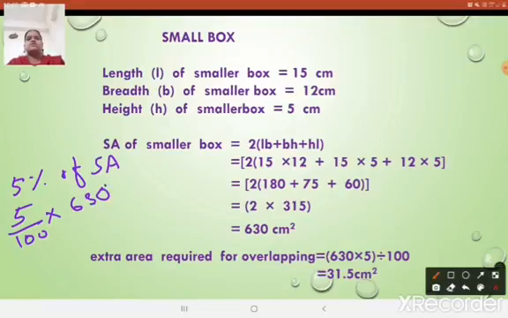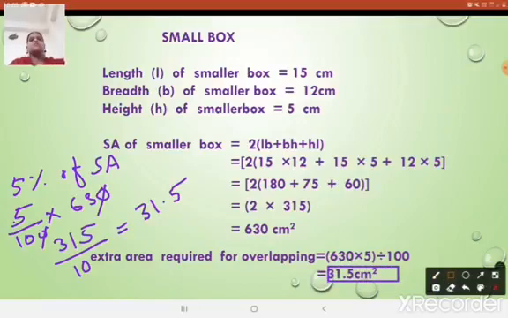If you do the calculation, the 0 0 will get cancelled. Then 5 3s are 15, carry 1, 5 6s are 30 plus 1 is 31, by 10. So answer is 315 by 10, which is nothing but 31.5. Is it correct? And we got the same answer over here. Correct. So your answer is 31.5 centimeter square.